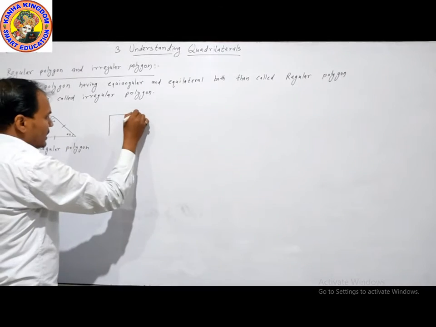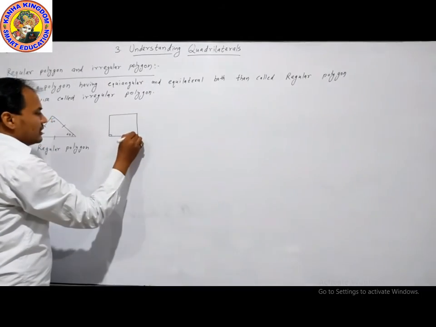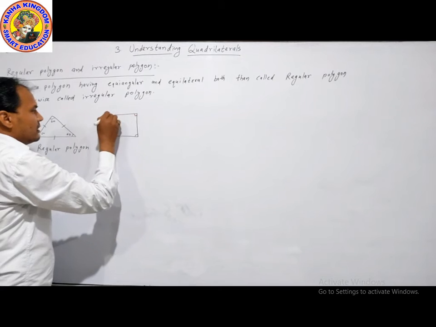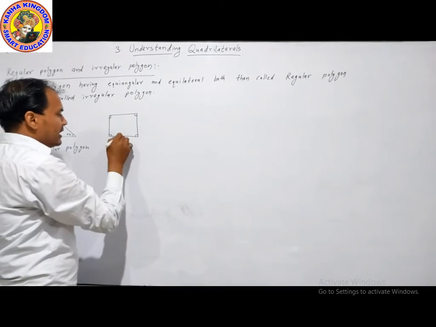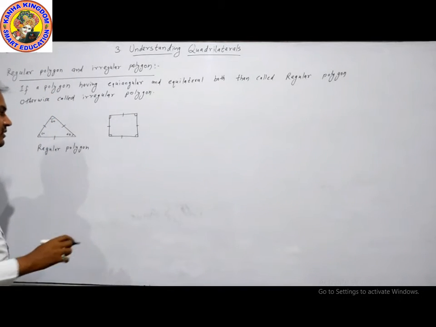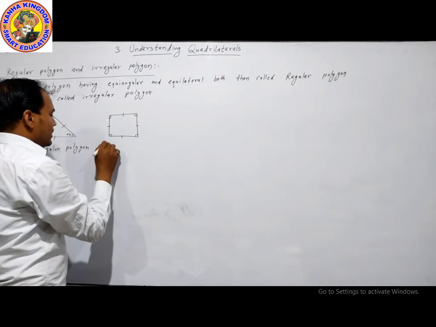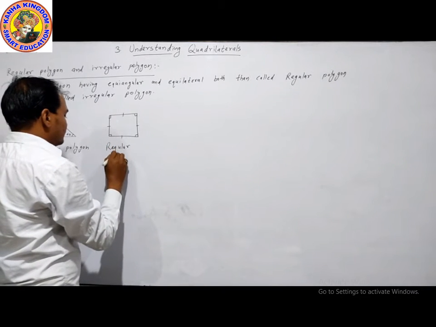This is our square. In a square there are four angles, all of them 90, and there are four sides which are equal. So this is our regular polygon.